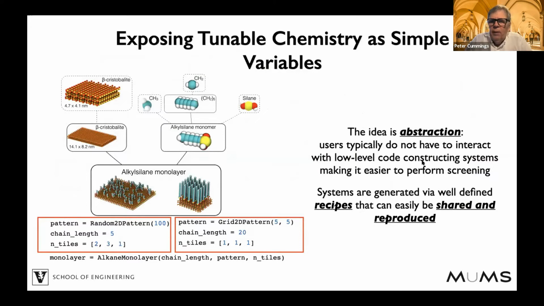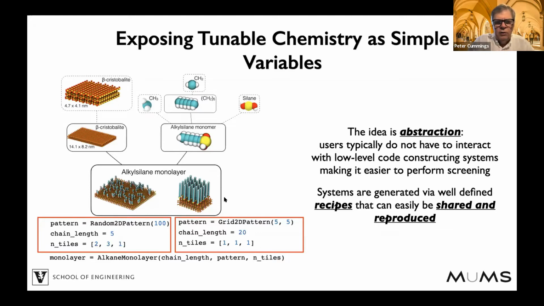We particularly are interested in things like interfacial systems where you have a solid surface to which we have attached things like alkyl-silane monolayers. The idea is that because mBuild is hierarchical, you can keep adding levels of complexity, and each one of those levels can be abstracted at the next level up.